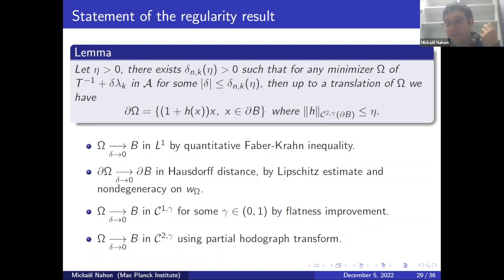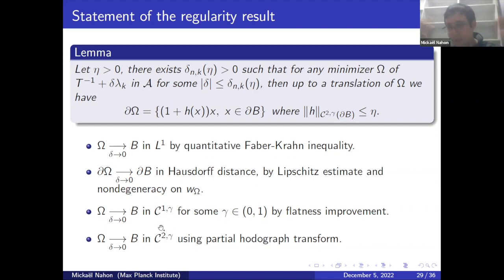First we say that the minimizers approach the ball in the L1 sense. So this is basically the quantitative Faber-Krahn inequality. Then we say that they approach in Hausdorff distance, so the boundary approaches in Hausdorff distance. And this is basically just using the Lipschitz and non-degeneracy estimate on the torsion. Then with the previous stuff I presented, we can say that it's now the graph of a C1 gamma function on the ball.